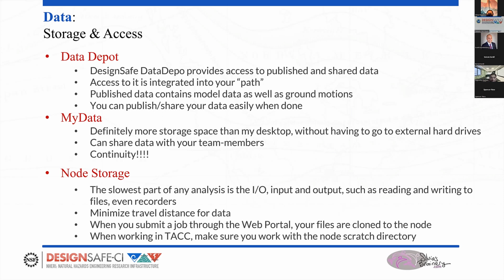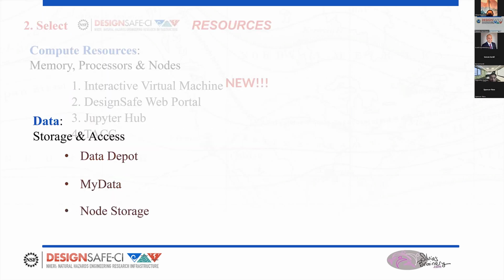It's not just processors and memory and speed. A big one for me is the space and the access to the data. So this is definitely a plus in working in the supercomputer world when you're generating a lot of data, which you definitely do with OpenSees. And so that's something that I want you to keep in mind as a resource that you have on DesignSafe.